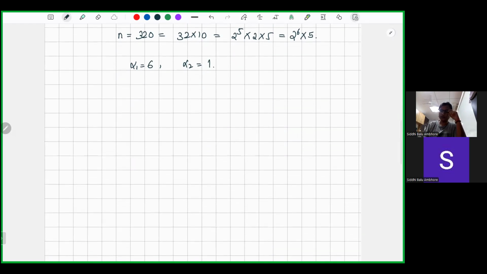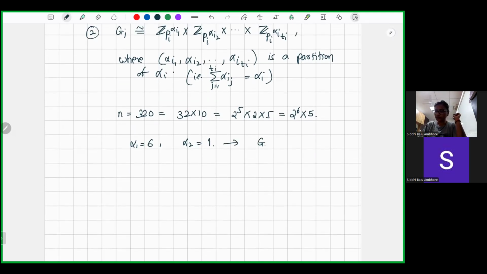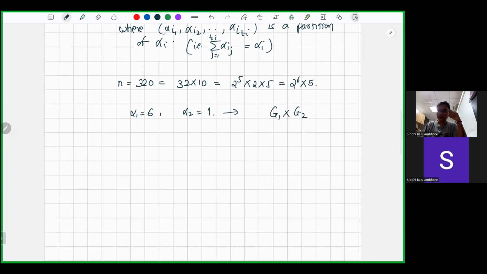So this will be isomorphic to G1 cross G2, and G2 is some Z5 power alpha 21 and so on. But the only possibility for a partition of 1 is just 1.